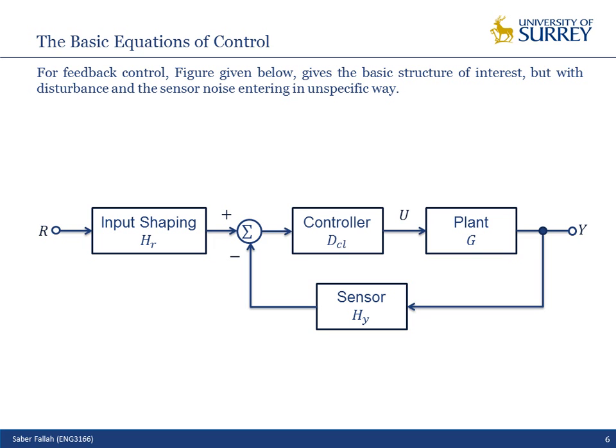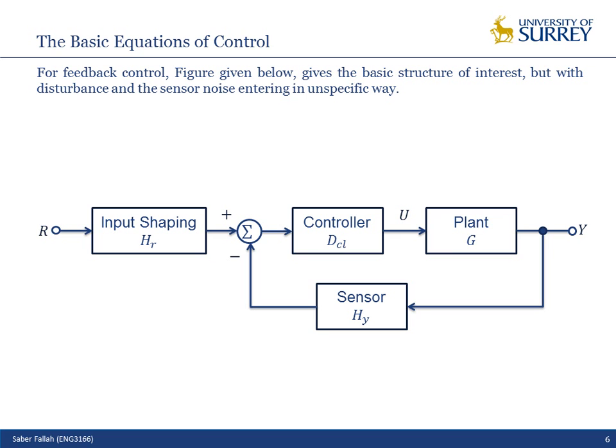Usually between the controller and the plant, we have an actuator, because the output of the controller is voltage, but what we want to give the plant is usually something mechanical, like force or rotation. So we need an actuator between the controller and the plant to transfer the control action.